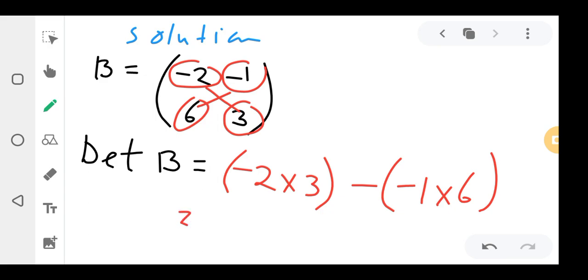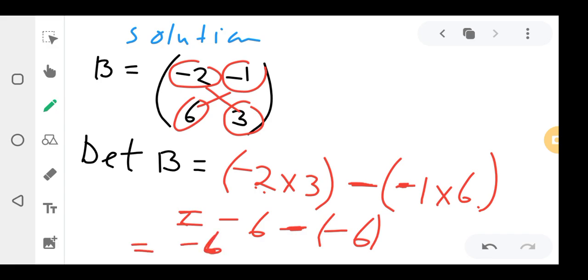Which is equal to -2 times 3 is -6. Okay, and then this negative here will come here. And then this is -1 times 6, it's -6. Okay, and then you put brackets here, so it will be -6.